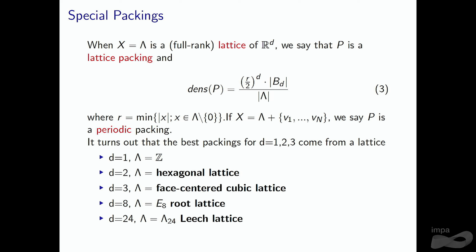And recently, Viazovska and her collaborators solved the sphere packing problem in dimensions 8 and 24, proving that, again, in these dimensions your best packing is given by a lattice. For dimension 8, you have the E8 root lattice giving the best packing, and for dimension 24, the so-called Leech lattice. And just to mention, Viazovska was awarded the Fields Medal for her work.